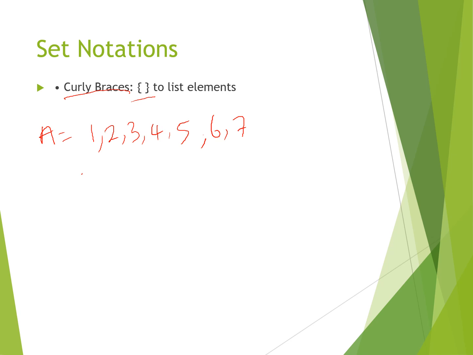This is just an ordinary list of numbers from 1 to 7. However, when you cover it with a curly bracket, we now have what we call a set of numbers from 1 to 7, which is set A.